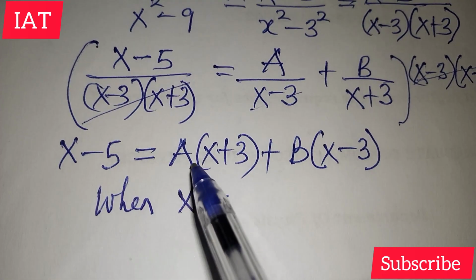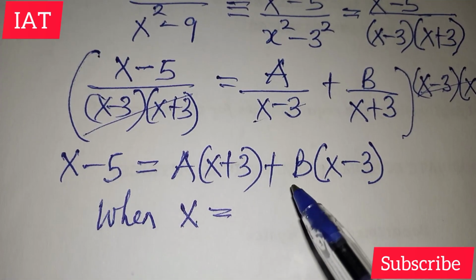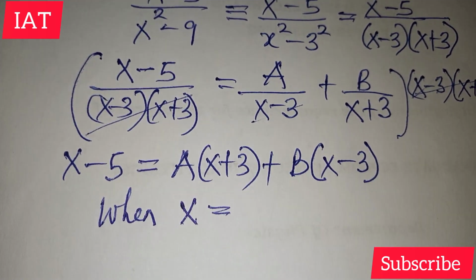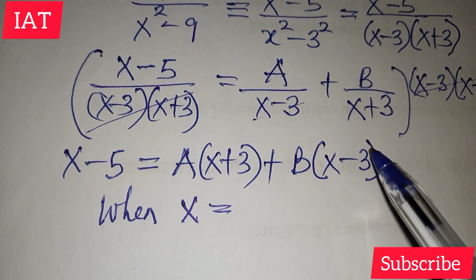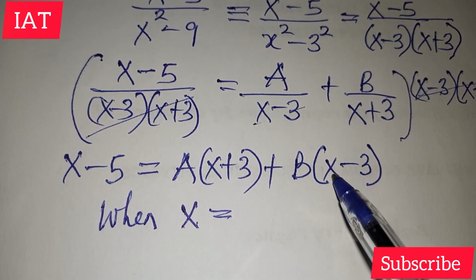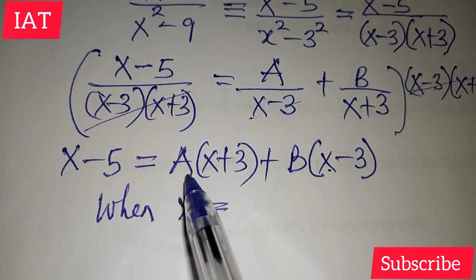So for you to get the value of A, you will need to eliminate B. Similarly, if you want to get the value of B, you need to eliminate A. Say you want to eliminate B right now. What is that number that you use to replace this x so that the whole of this becomes 0? And then you will be able to find A.